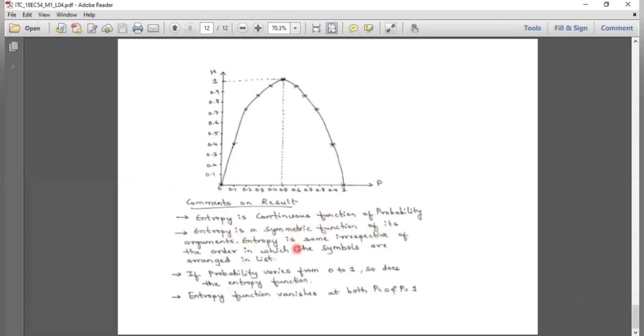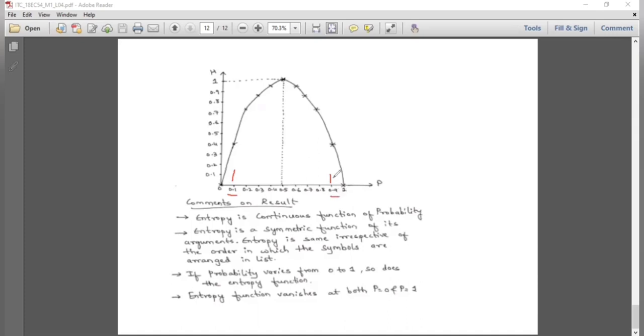And entropy is same irrespective of the order in which the symbols are arranged in the list. We had compared the entropy equation when P is 0.1 and when P is 0.9.